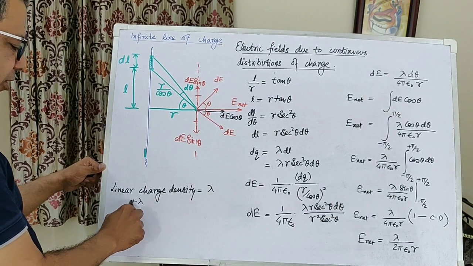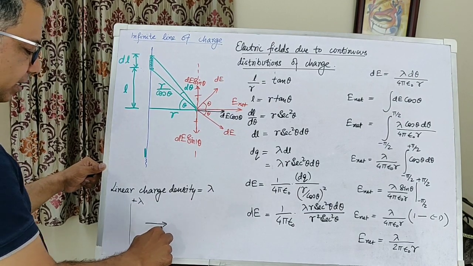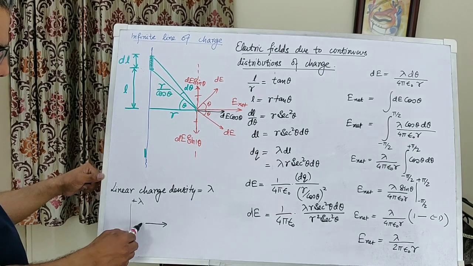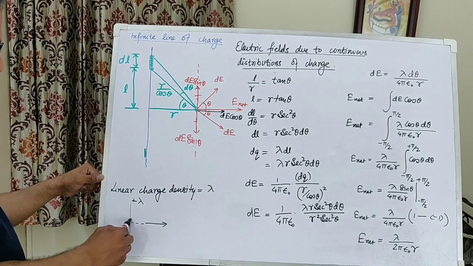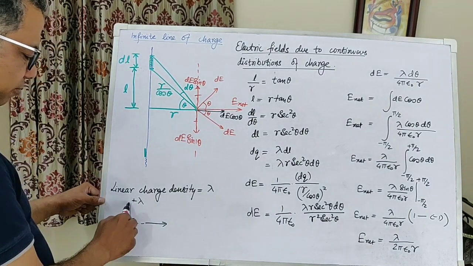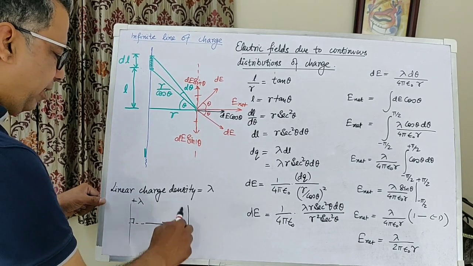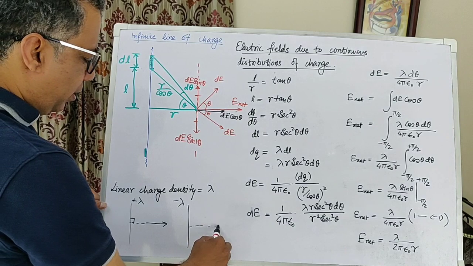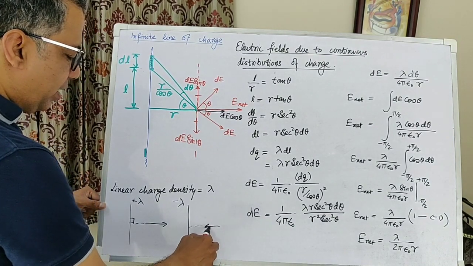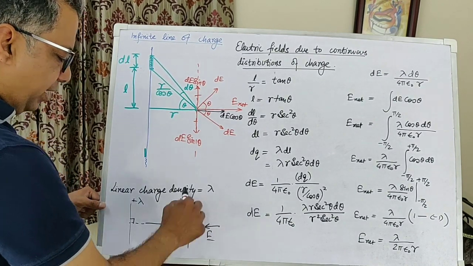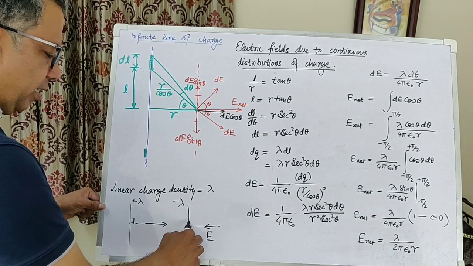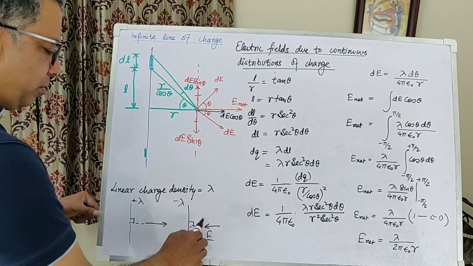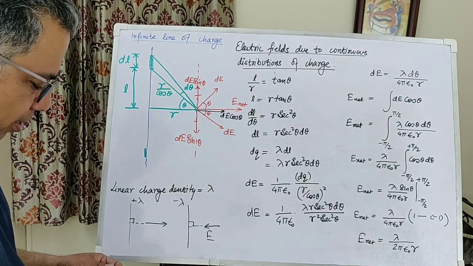And if we have a line of charge with a negative charge on it, the electric field will be directed towards the line of charge, but will still be perpendicular to this line of charge.